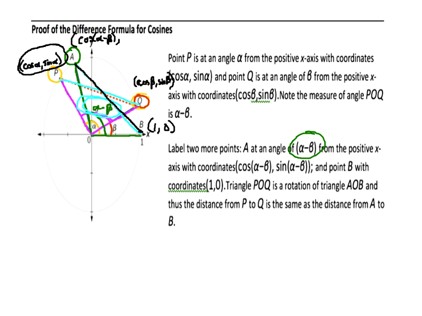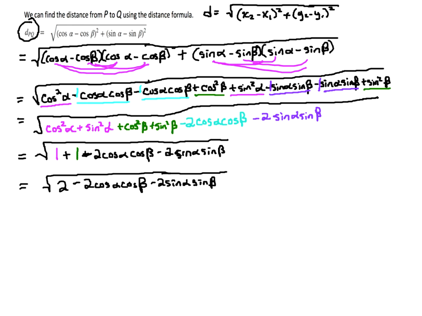Remember we showed that angle was alpha minus beta, sine alpha minus beta. Okay, so those are the coordinates of A, and then the coordinates of B are 1, 0 because it's on that unit circle.